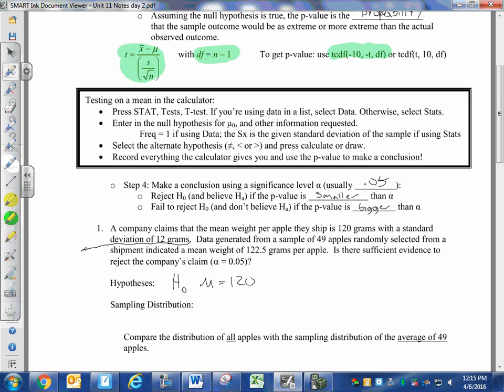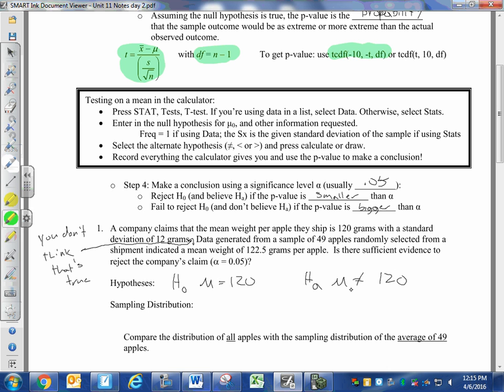Go ahead and include, you don't think that's true. Since you don't think that's true, and you don't care which way it is, whether it's too low or too high, you will say the alternative hypothesis is that we don't think that the mean weight is 120 grams.